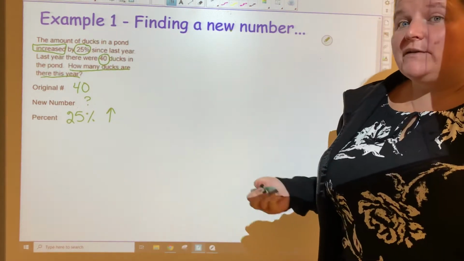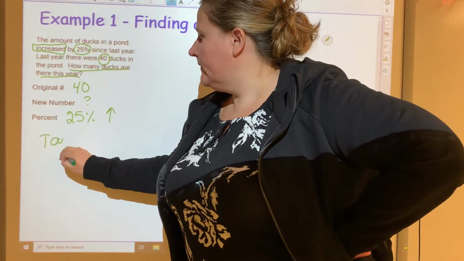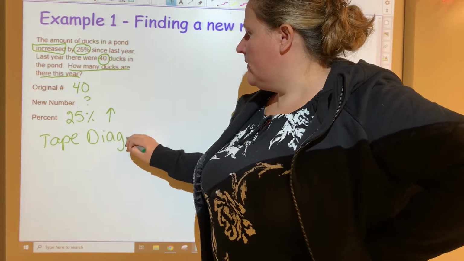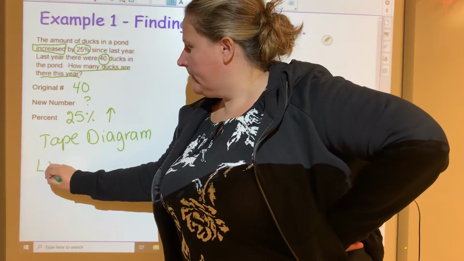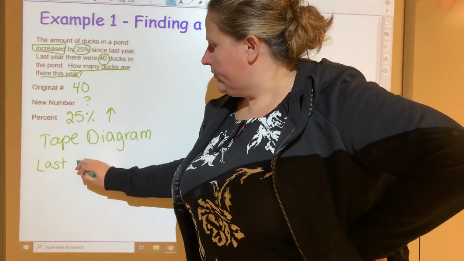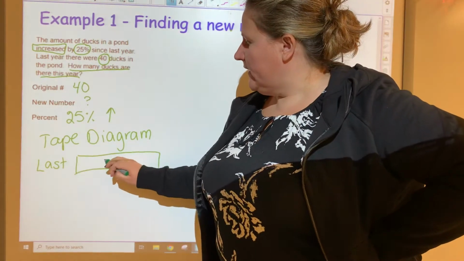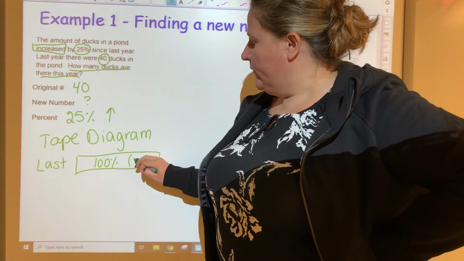And first we could draw a tape diagram, okay, to help us picture what's going on. So let's think about it this way. So we have last year, okay? Last year is our 100%. That's what we are finding a percent of, and that is 100%, and that's my 40 ducks, okay?